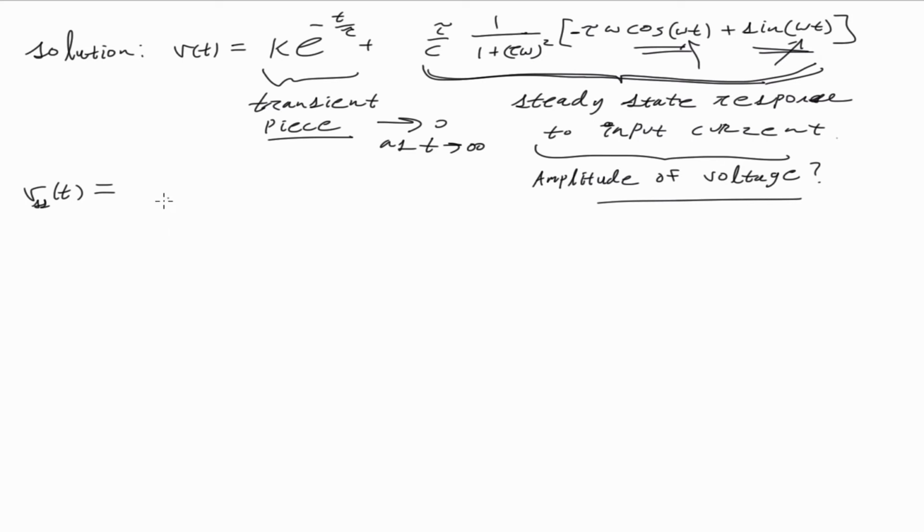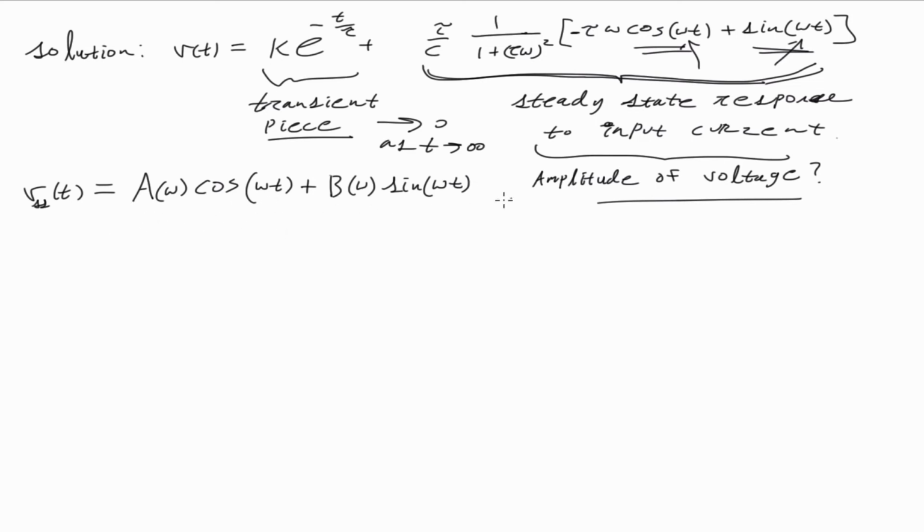So let me see if I can get a little perspective here, and look at this as A of omega times cosine omega t plus B of omega times sine omega t.